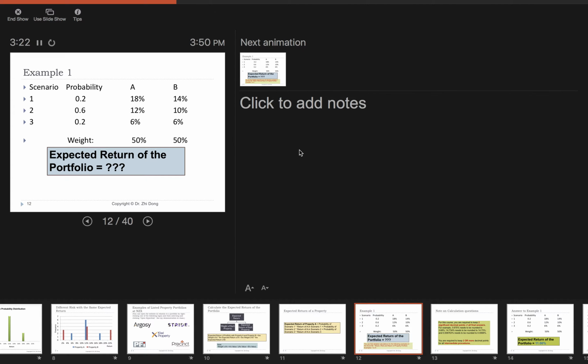So now we are going to do the first step: expected return of property A equals, if you remember, that weighted average return across 3 market scenarios. So now let's look at this. The first market scenario, scenario 1, has probability 0.2, so around 20% probability for the market scenario to happen.